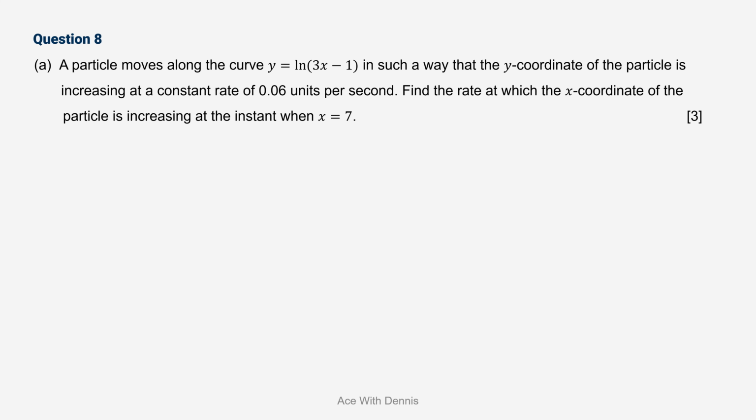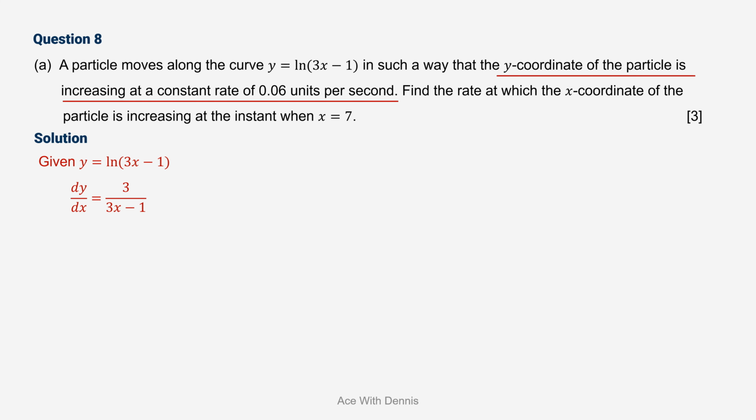So to find dx over dt, first we start with the given formula y equals ln(3x minus 1). We differentiate this equation, dy over dx becomes 3 over (3x minus 1). Given that the y-coordinate of the particle is increasing at a constant rate of 0.06 units per second, this means that dy over dt equals 0.06.